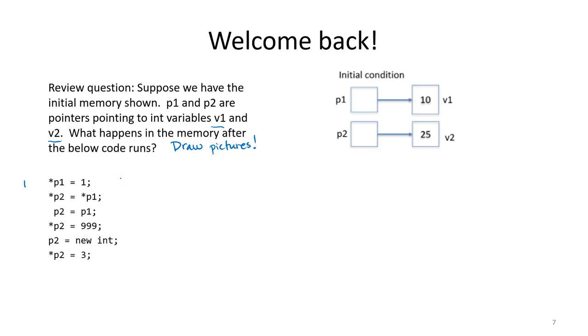Remember, what's essentially happening here is we are going where P1 points and assign that data the value 1. So P1 currently is pointing at V1. So V1 is going to be changed from 10 to 1.